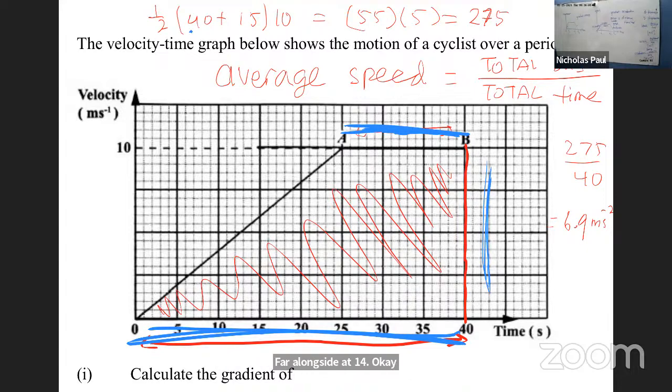So it's half of 40 plus 15, multiplied by 10. All right, nice. Let's go again.